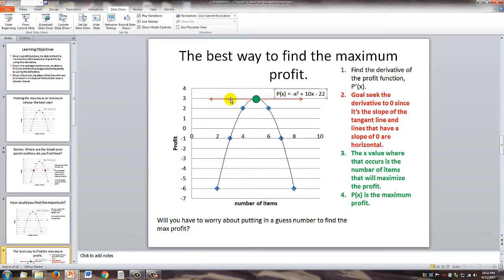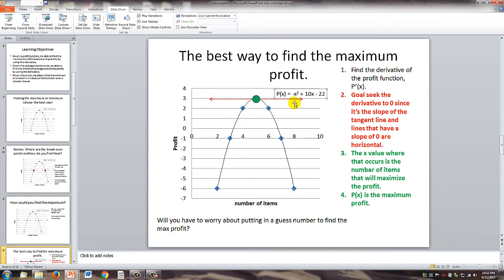And notice that where you have a horizontal line is where the maximum of this parabola is. So if I draw a tangent line here, you can see it's an increasing tangent. If I draw one here, it's increasing. If I keep getting closer and closer to 0, you see it's at the maximum.